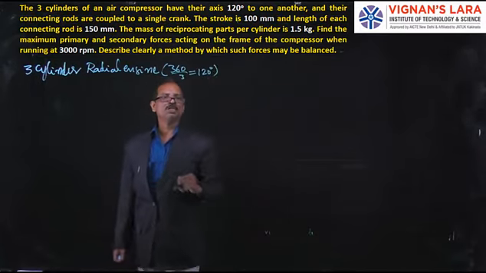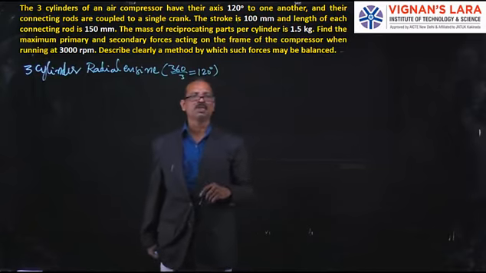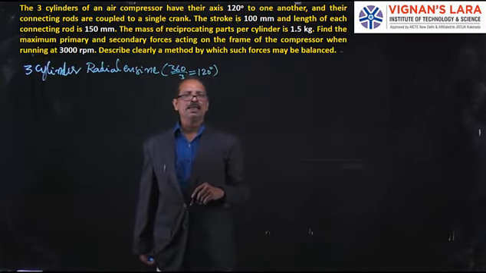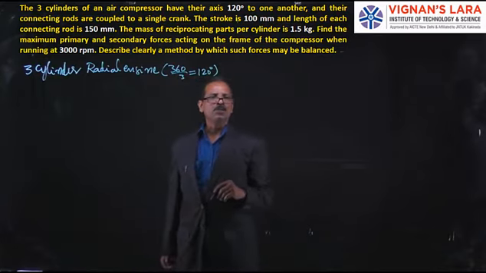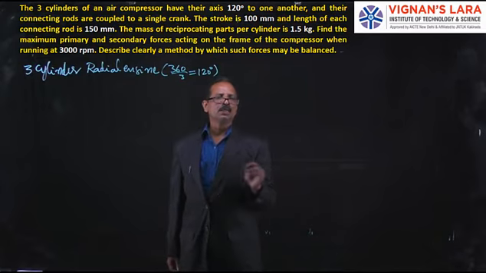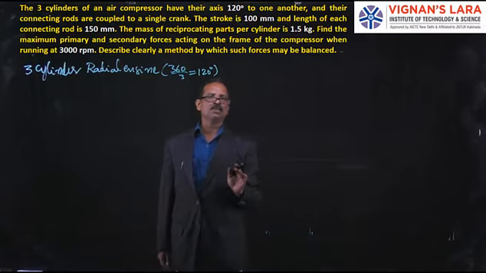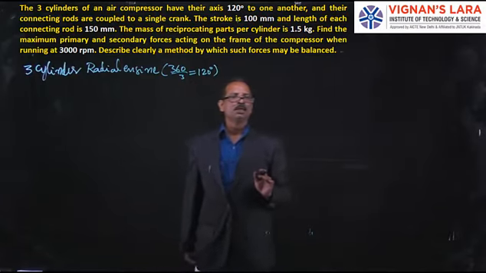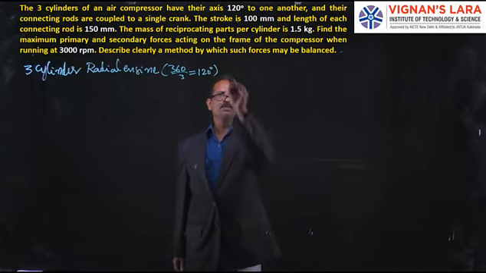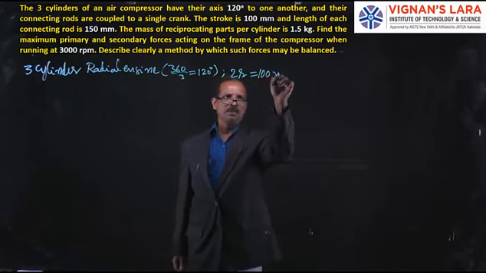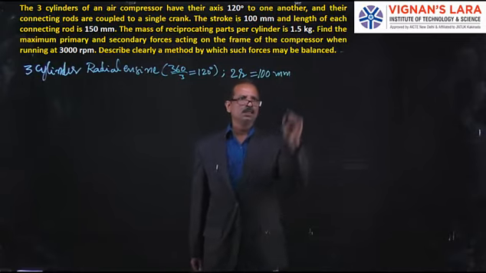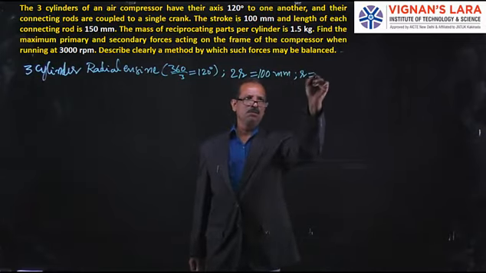Even if it is not mentioned, it will be 120 degrees definitely. And their connecting rods are coupled to a single crank. So there is no primary couple as well as secondary couple, because all are connected to a single crank in the same plane. Then the stroke is 100 mm, that is 2R is 100 mm, so R is equal to 50 mm.